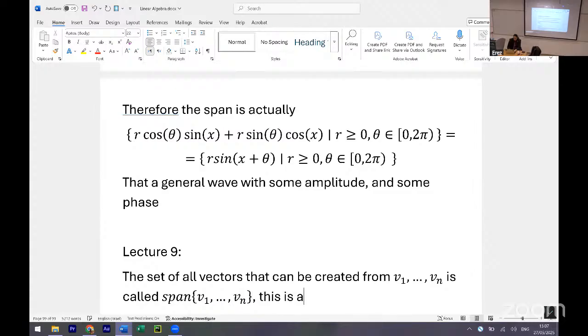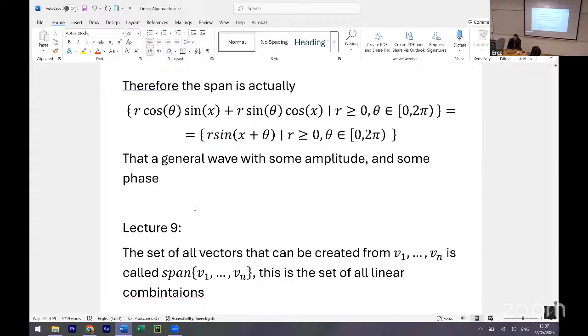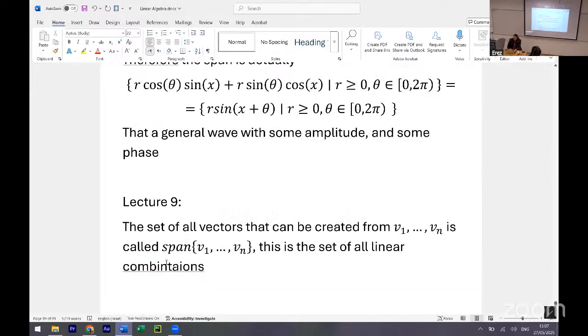This is the set of all linear combinations of these vectors. So that is span.